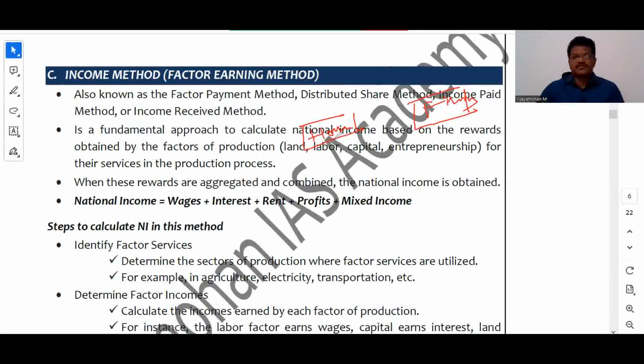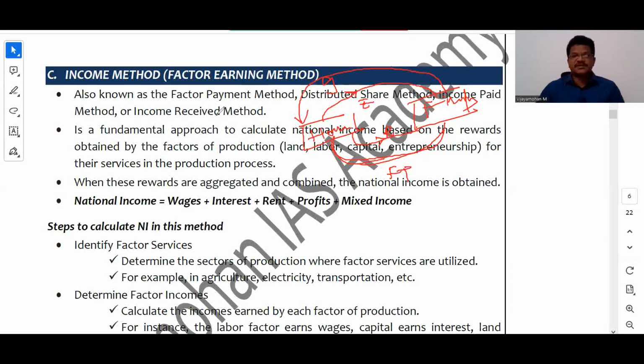From households to firms, the factors of production will move, and from firms to households, the rewards for factors of production like wages, rent, and profit will go, right? And from households to firms, expenditure will flow, and from firms to households, goods and services will flow, right?